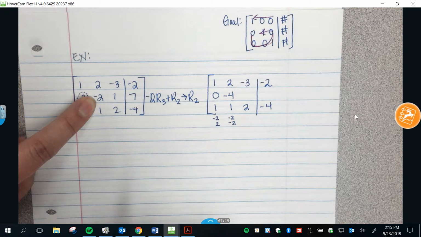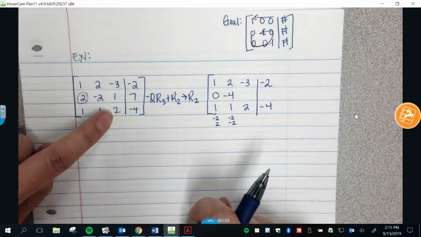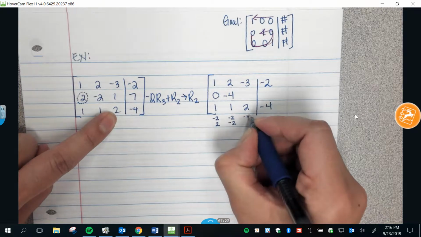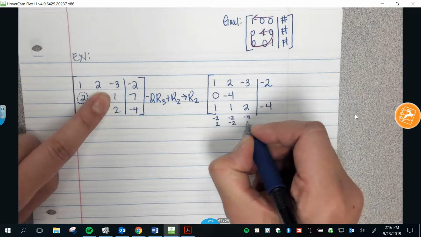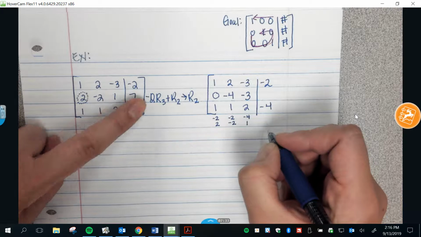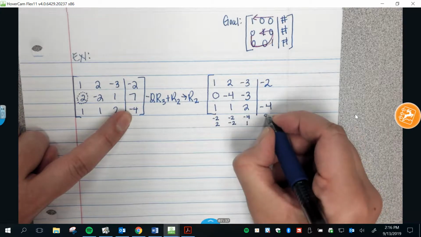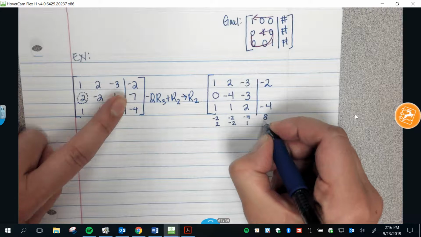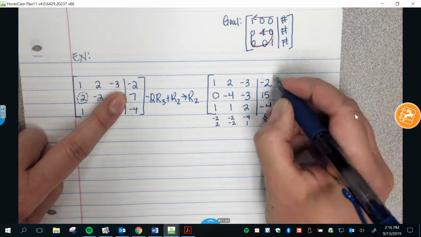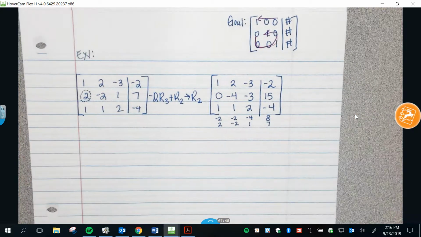And I keep going all the way through the row. -2 times row 3, so -2 times this 2, is -4, plus row 2, which is 1, makes -3. And -2 times row 3, which is -4, is +8, plus row 2, which is 7. 8 plus 7 is 15. So it's a little bit of arithmetic that you have to keep up with.